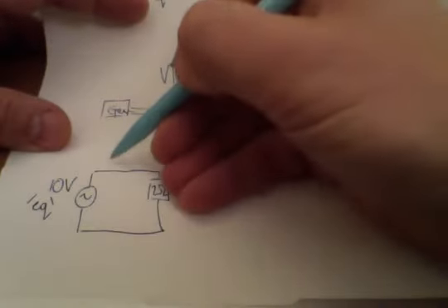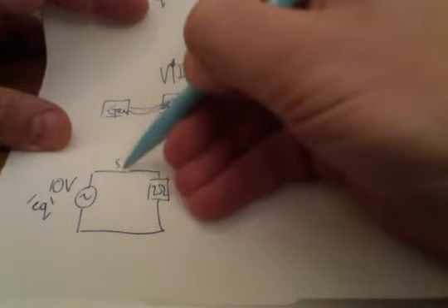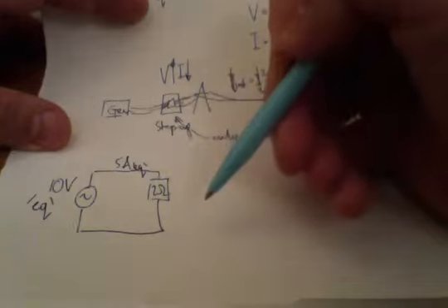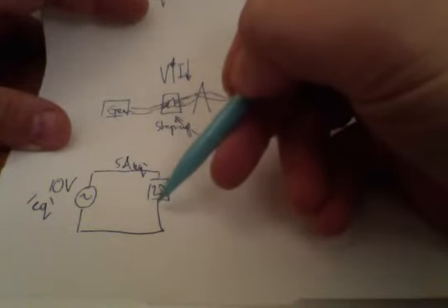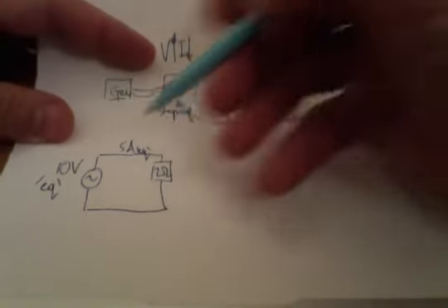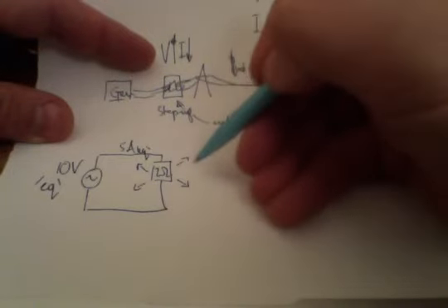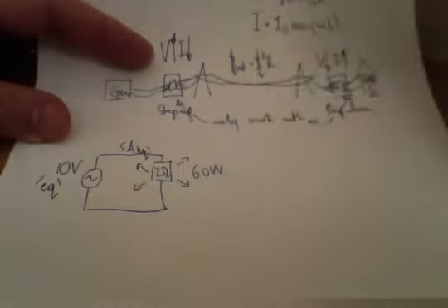And if we have 10 volts equivalent coming through, then that will give us 5 amps equivalent coming through this resistor, and therefore producing a power output of 60 watts for that resistor.